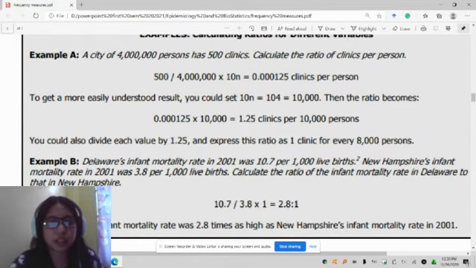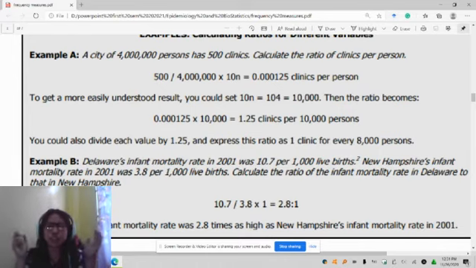For this example, it is 50 over 4,000 times 10 raised to n. So we have here the value equal to 0.0000125 clinics per person.